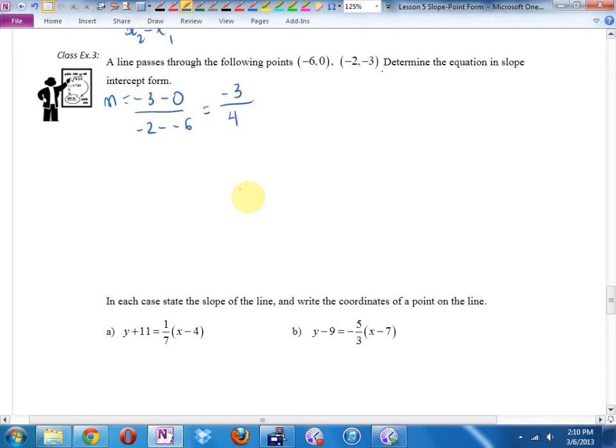So it's going to look like this. Y minus y1, 0, equals the slope, negative 3/4, bracket, x minus x1, negative 6.